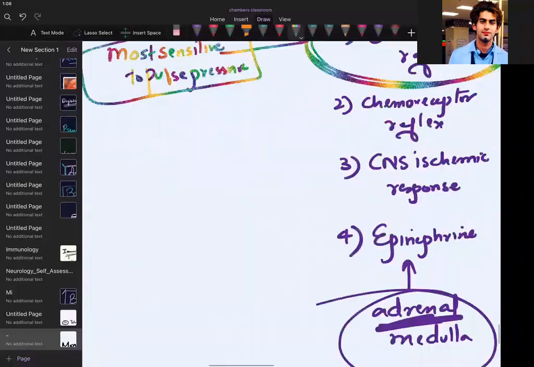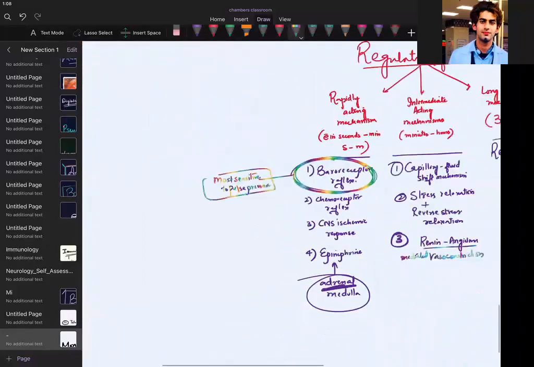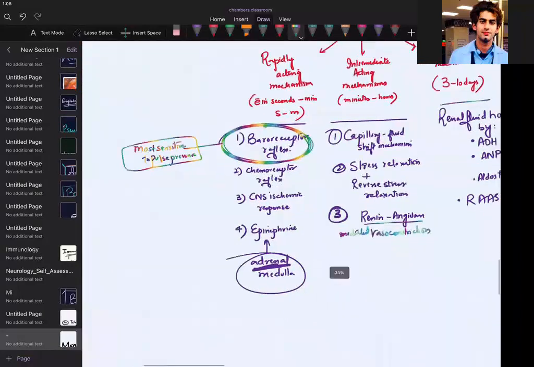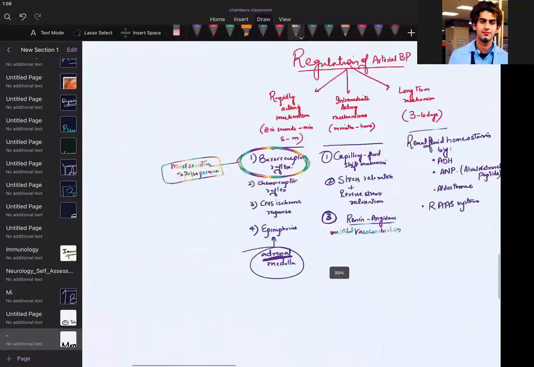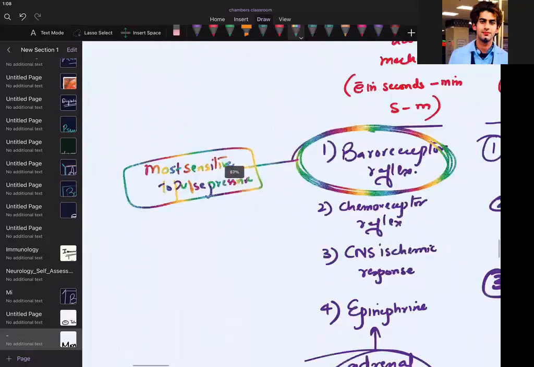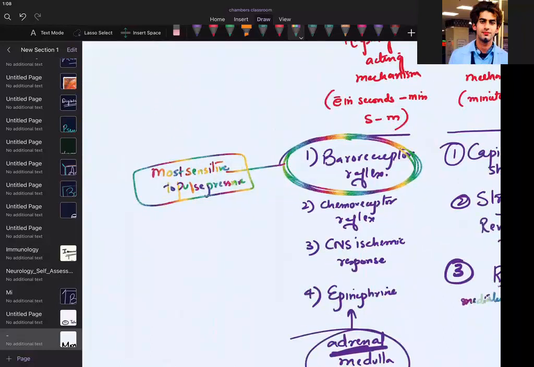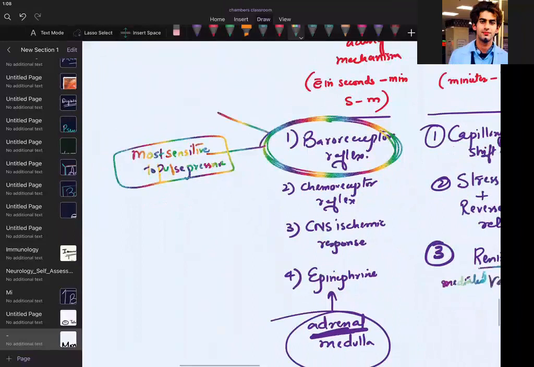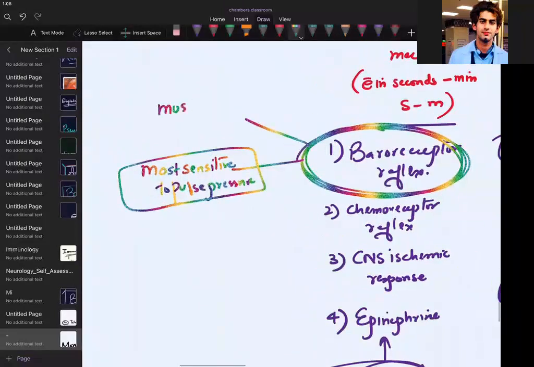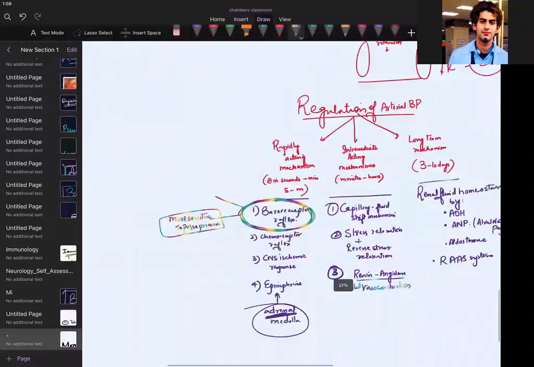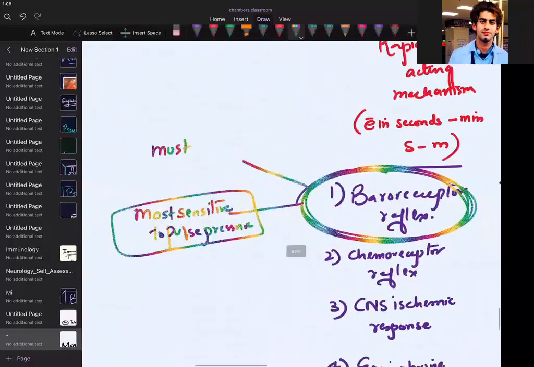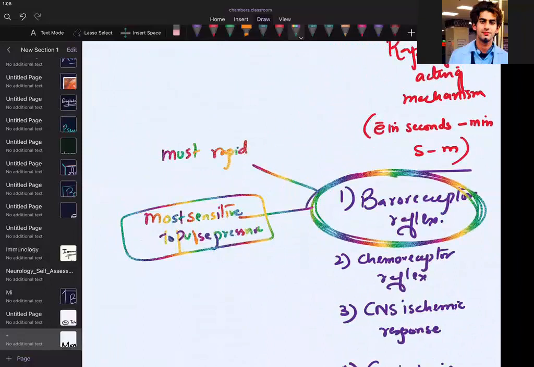After that, most sensitive will be mean arterial pressure, but pulse pressure is the most sensitive. Which is the most rapidly acting mechanism? This is again the most rapidly acting mechanism. This chart should be on the tip of your tongue, guys.